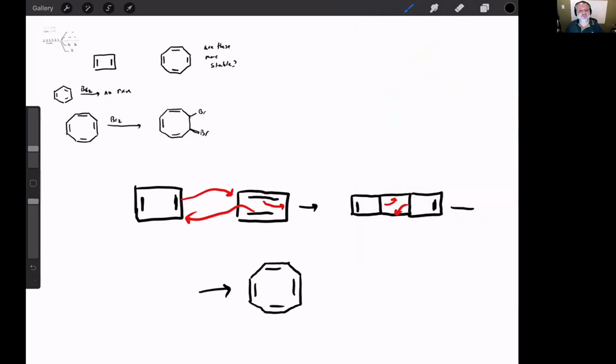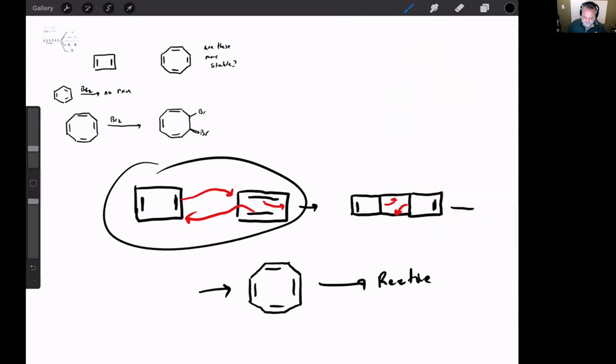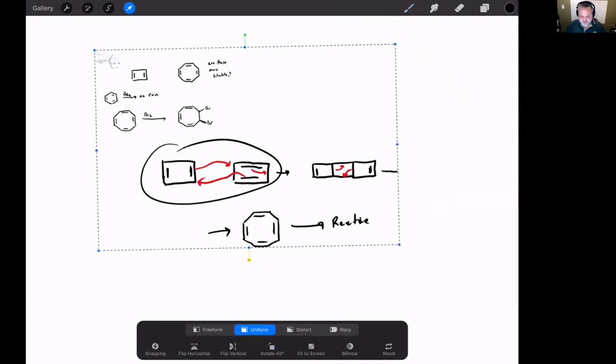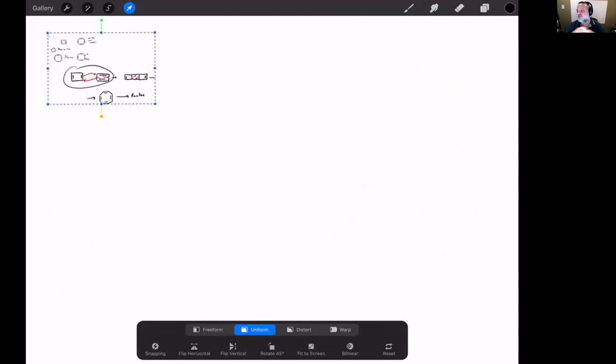So we're back to where we started with this 8-membered ring with alternating double bonds that we also know is reactive. So there's something going on here. It's not just about the fact that there's alternating double bonds. That's not what's leading, in and of itself, to its stability.